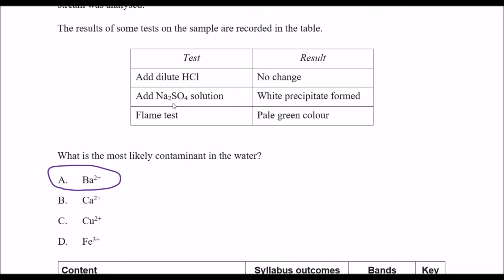When barium and sulfate combine, it forms the white precipitate barium sulfate. And in the flame test, barium would give off a pale green color. It should react with dilute sulfuric acid, so I'm not quite sure why there's no change here. So the answer for question 2 is A. We'll go to question 3.